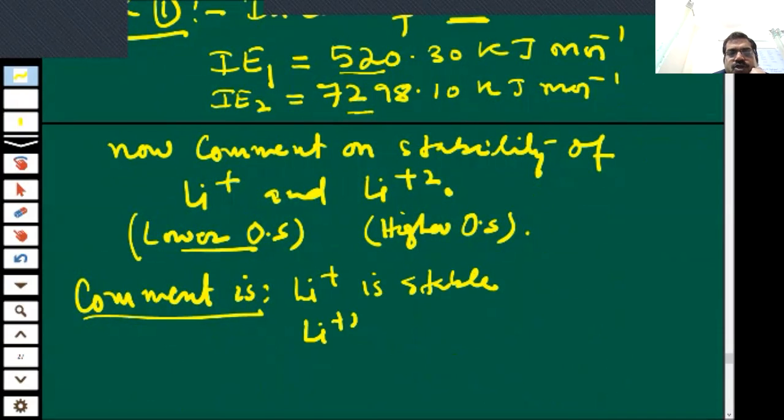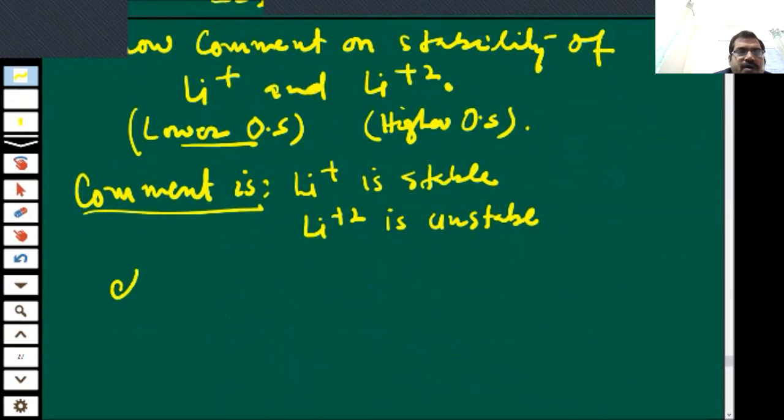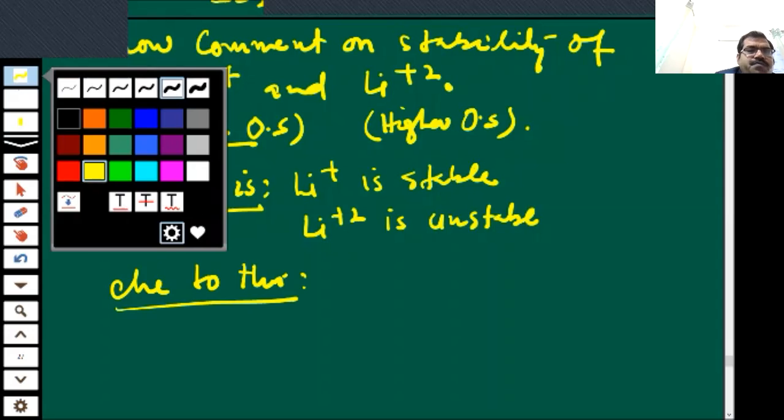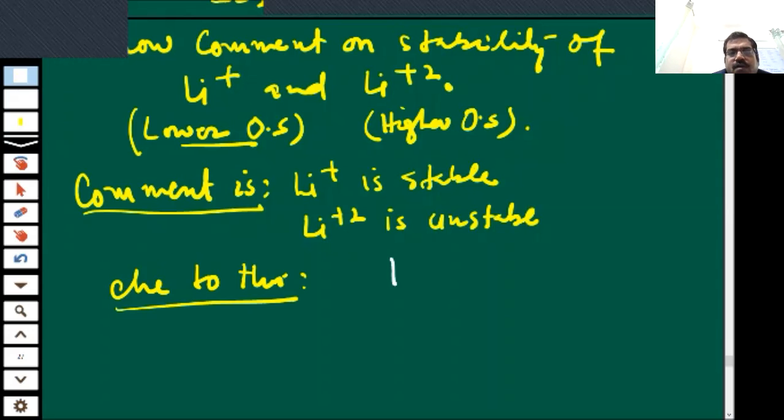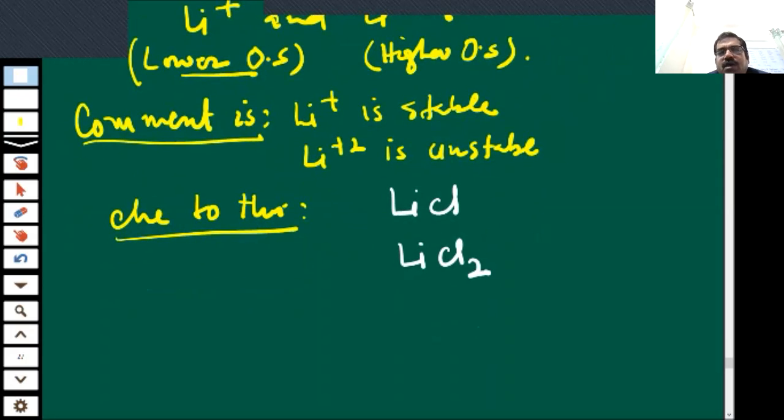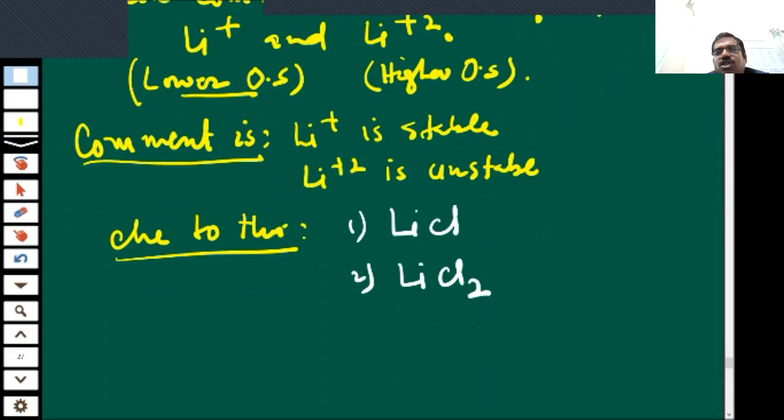and lithium plus 2 is unstable. And due to this, what happened? Do you know? Due to this, see, LiCl and LiCl2, tell me, this is the first one and this is lithium chloride and LiCl2, which is stable?